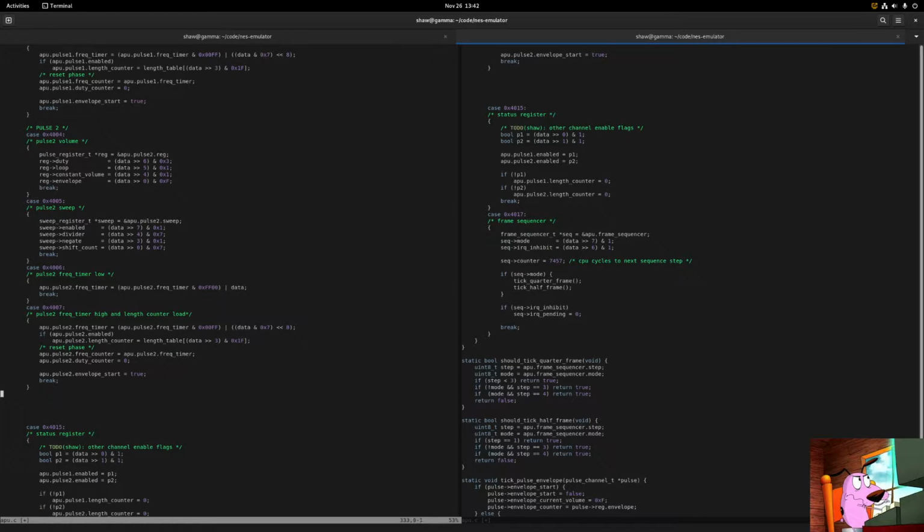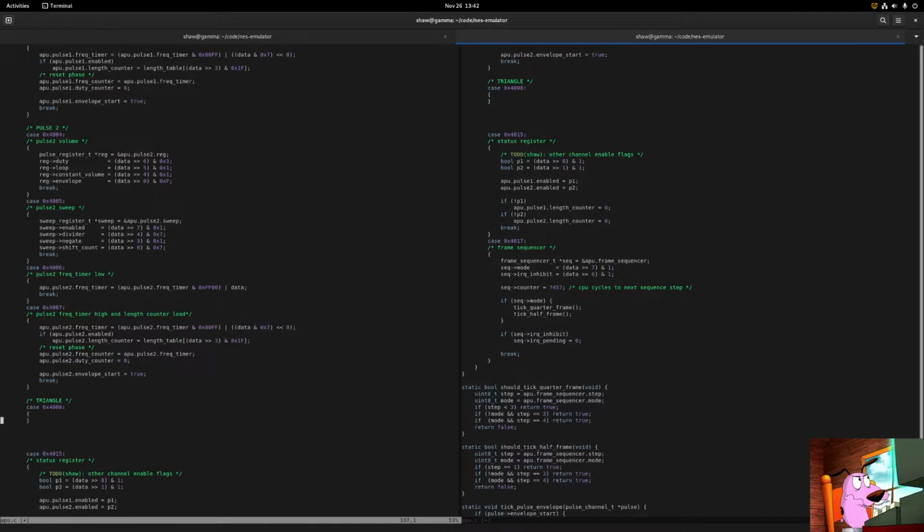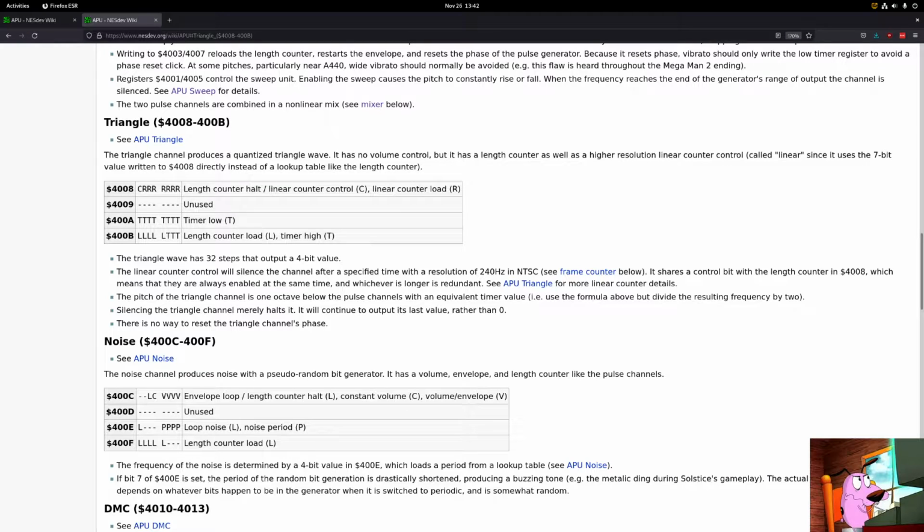We're going to have 4008, which is the length counter halt. Linear counter control is C, so there's a single bit for that, and then linear counter load is the rest. 4009 is completely unused. Timer and length counter.